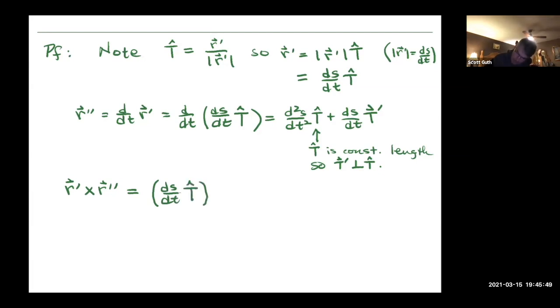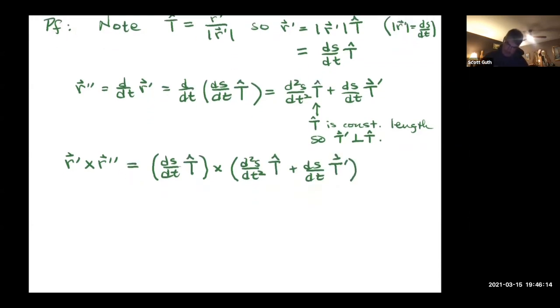And now we're crossing this with r double prime, which is d2s over dt squared times the unit tangent, plus ds over dt times T prime, which is perpendicular to T.